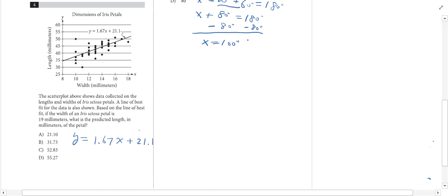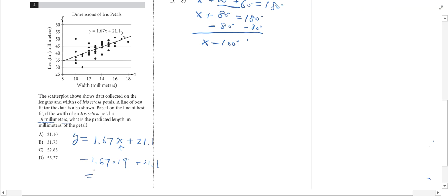21.1, right? So from here, you can see that they told you if the width is 19 millimeters, you can substitute 19 into the x because that's the width. Okay, so you will get what? 1.67 times 19 plus 21.1.